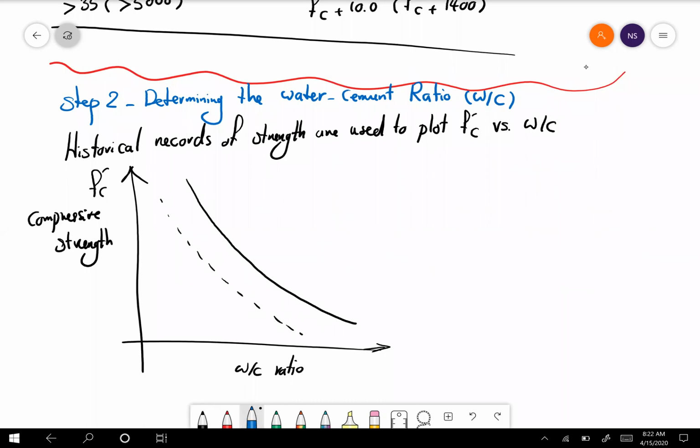The first one, the continuous line, is when you don't have any air voids in the mix, so this is non air entrained.